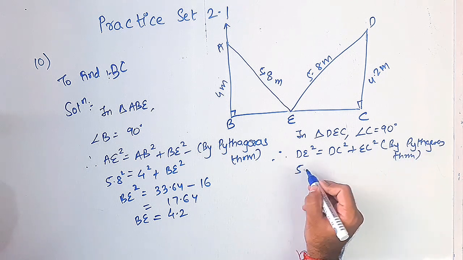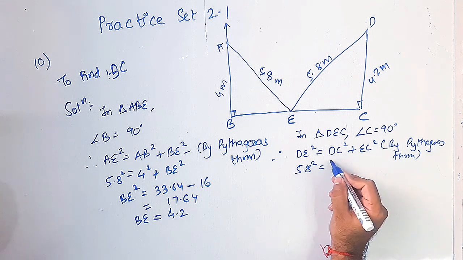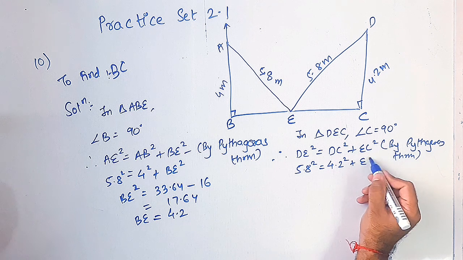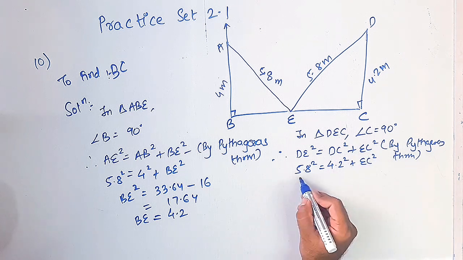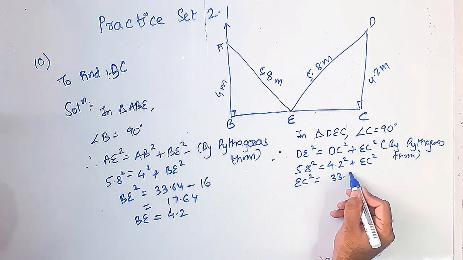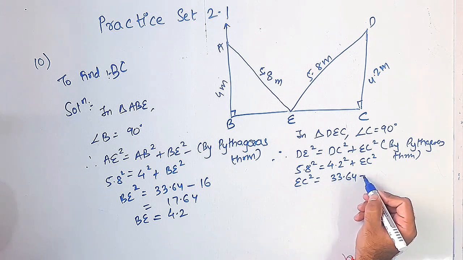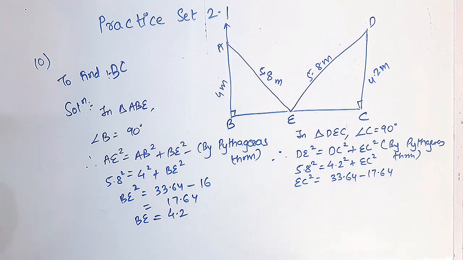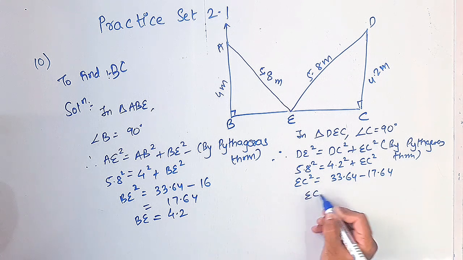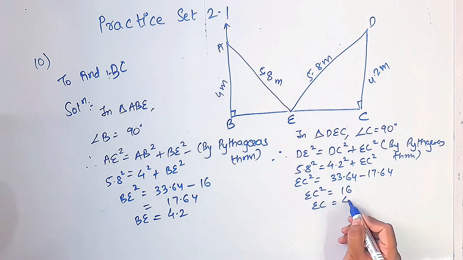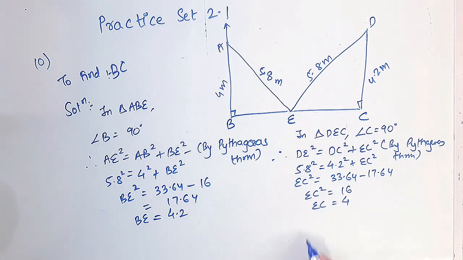Again here, this is 5.8 square, DC is 4.2 square plus EC square. So EC square is equal to 33.64 and 4.2 square is 17.64. So what is 33 minus 17? It is 16. So EC square is 16, so EC will become 4.